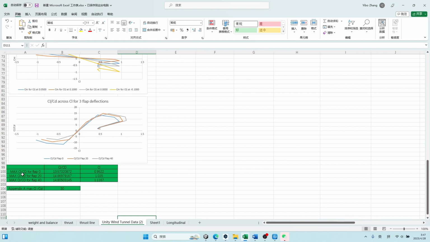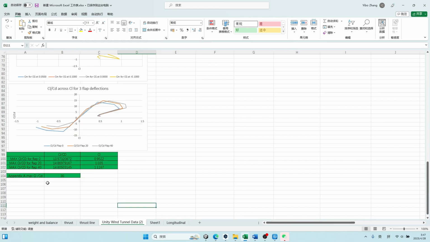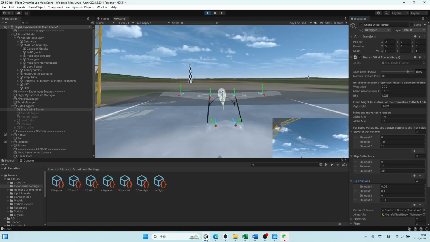The maximum CL over CD for flap 0 is 30.57, where CL is 0.952. In the appendix, the max CL over CD is 30. It's much smaller than the appendix.